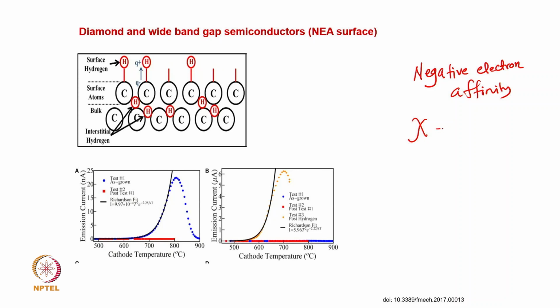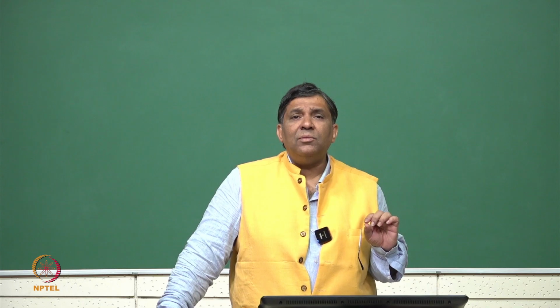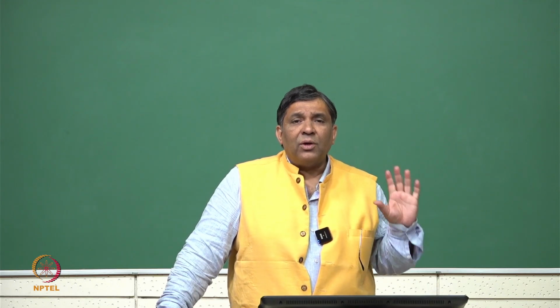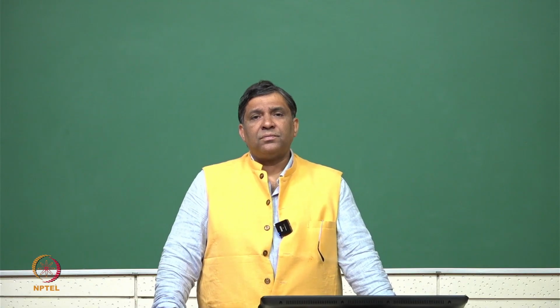We can write this as the energy difference between the vacuum level and the conduction band. But as I mentioned in the previous class, if in some cases the vacuum energy level becomes lower than the conduction band energy, then it becomes a negative electron affinity surface. Once you can make the surface a negative electron affinity surface, it becomes a potential electron emitter.